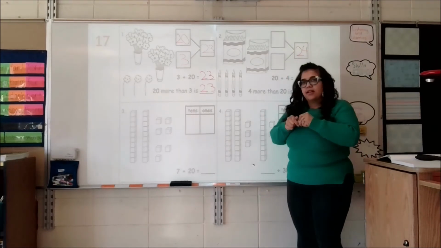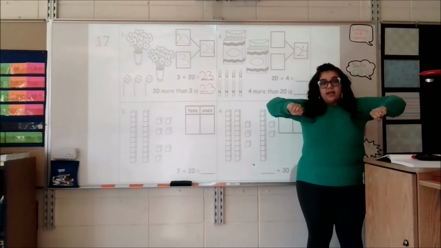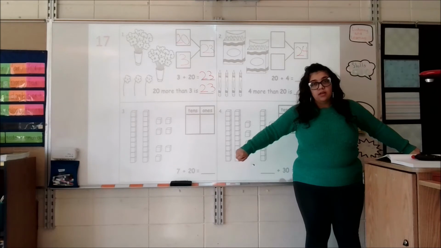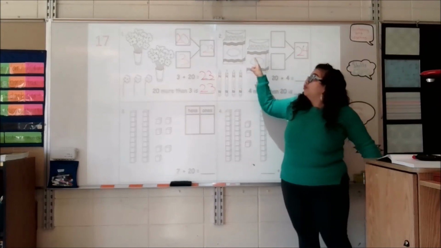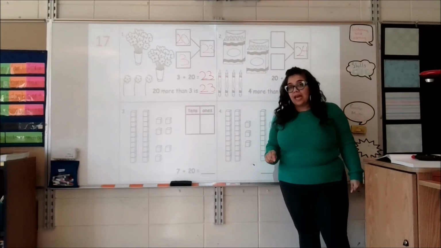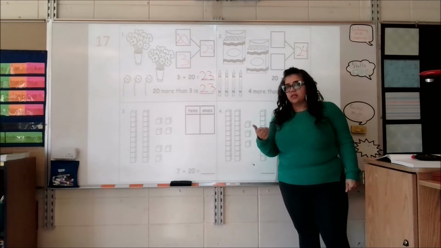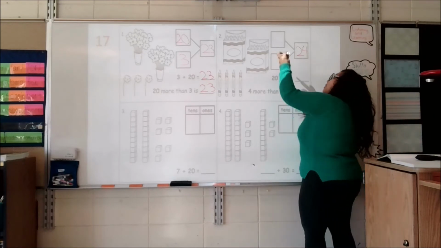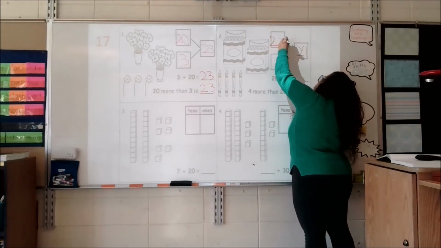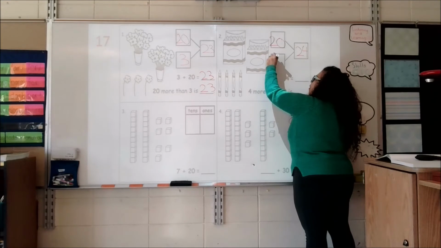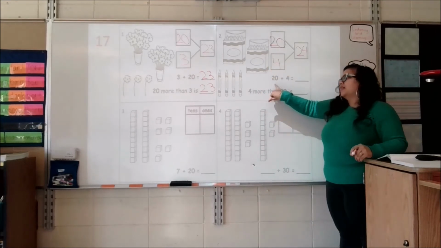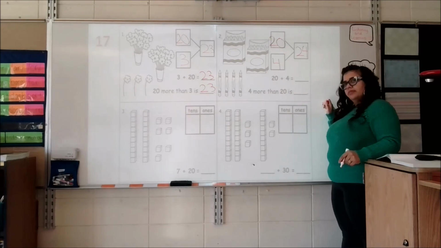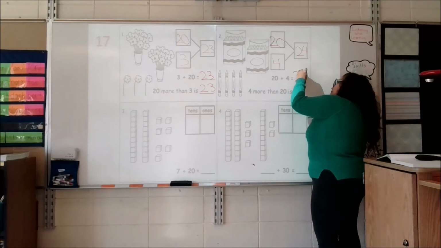Now, when we look at 24 and break it down into tens, plural, and ones, we see that there are two groups of 10. 10, the regular way, is 20, meaning that 2 tens is also 20. How many crayons are out? 4. So let's complete this number sentence. 20 plus 4 equals 24.